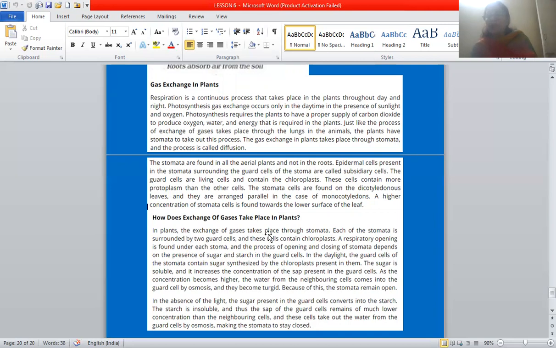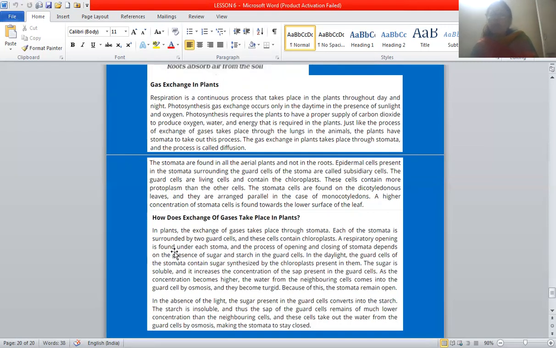How does exchange of gases take place in plants? In plants, the exchange of gases takes place through stomata. Each stoma is surrounded by two guard cells and these cells contain chloroplast.